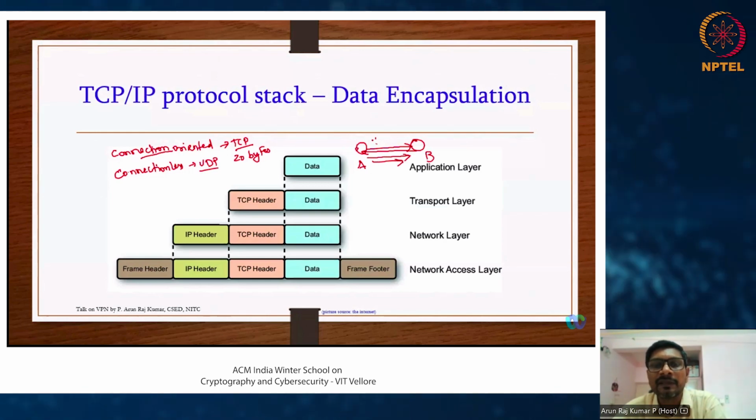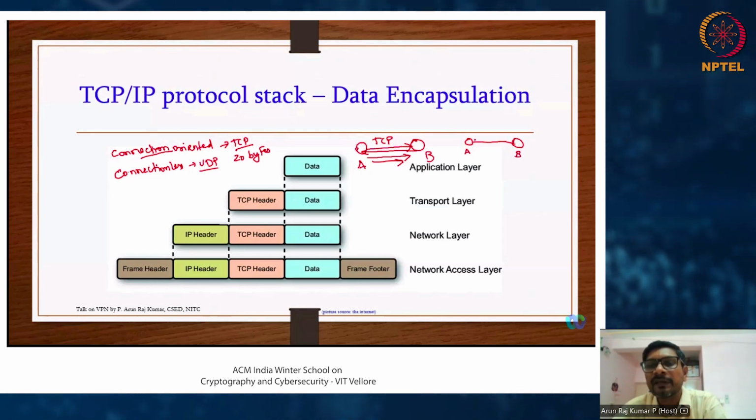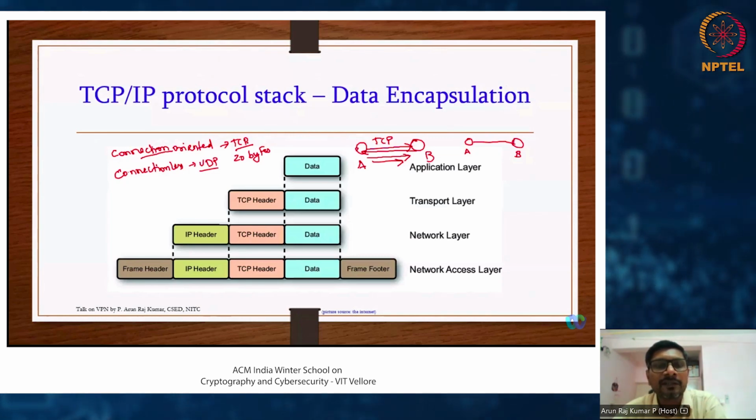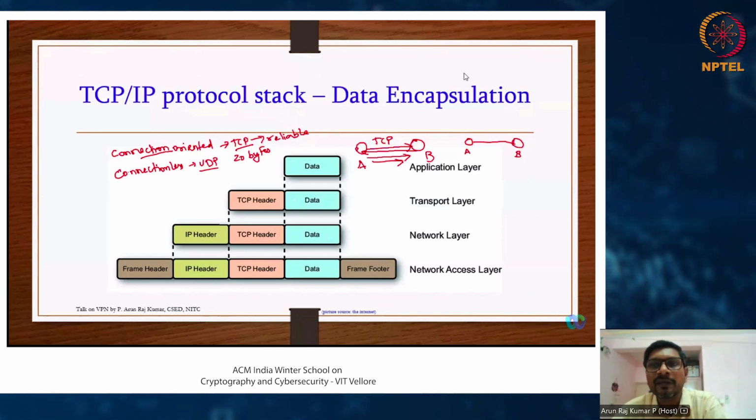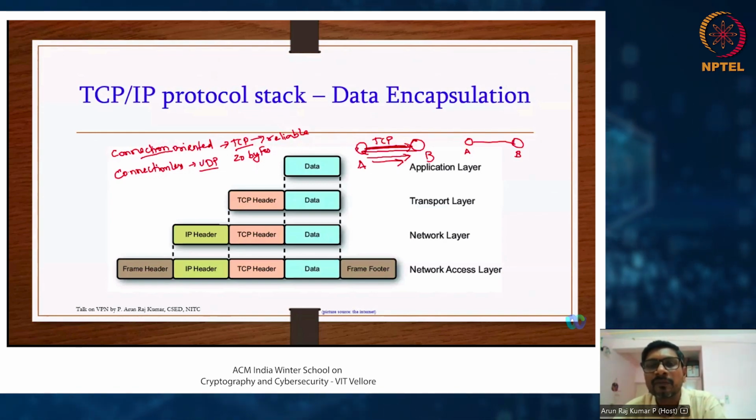So that's what happens in TCP. But in UDP, you don't need to establish the connection. You can directly send the data whenever you want. Suppose you have data, you send it immediately on the link, so it will reach B. The difference between these two is that TCP we can call reliable. Because when we say connection oriented, we are trying to establish a road between them.